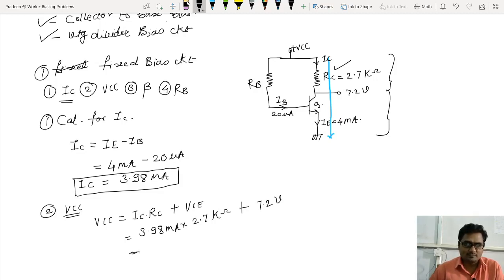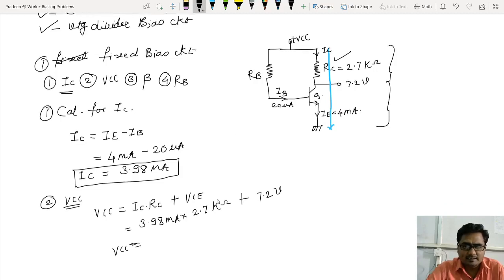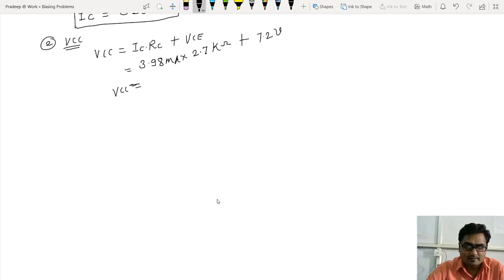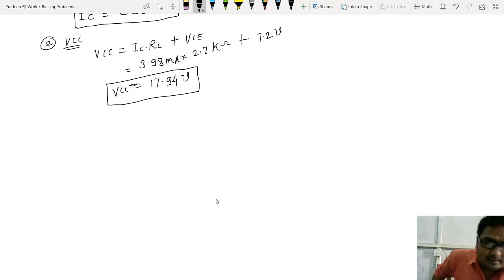Now what is the value of VCC then? If I calculate VCC, it is 17.94 volt. See, second thing I have calculated, 17.94.